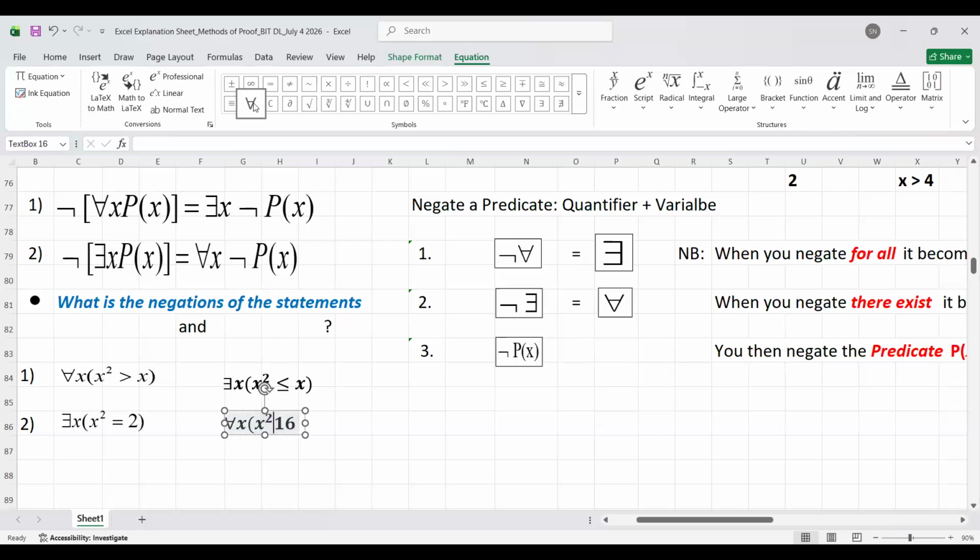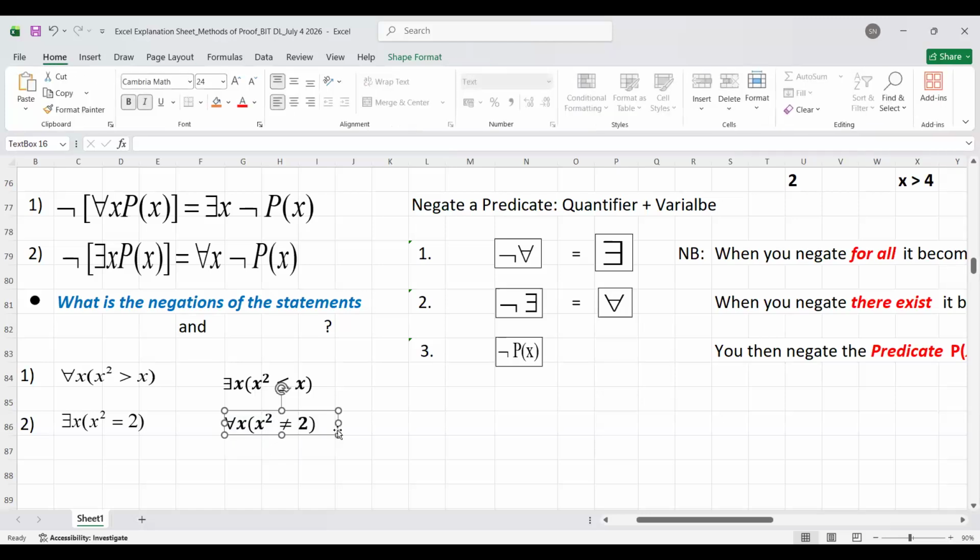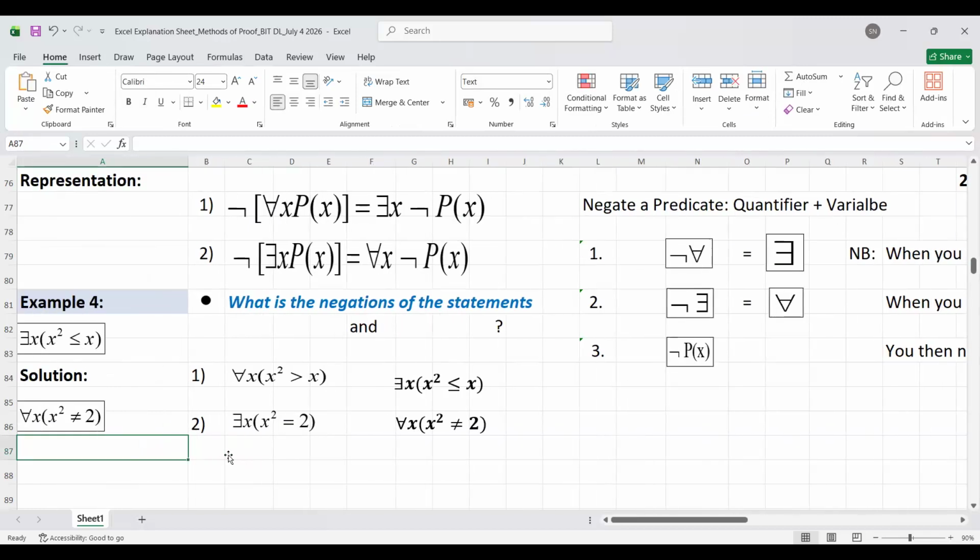Good. I am using the not equal to 2 symbol. So that is how we will solve problems like this. Basically that will be the end of predicates.